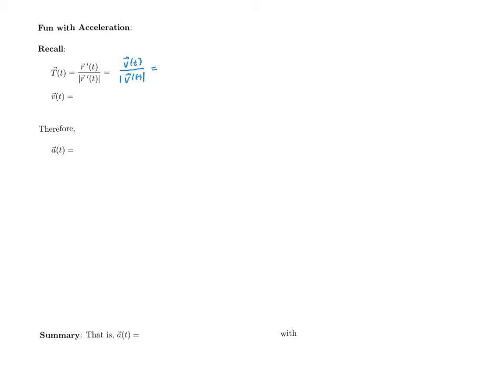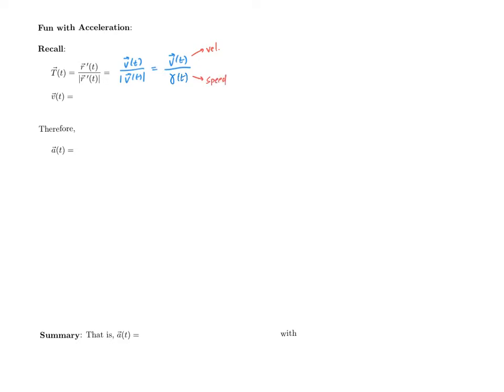So I'm going to go ahead and introduce some notation. Speed is a scalar quantity. That is, we're taking the magnitude of a vector. So let's introduce the name gamma of t. So the unit tangent vector we can think of as being velocity over speed.